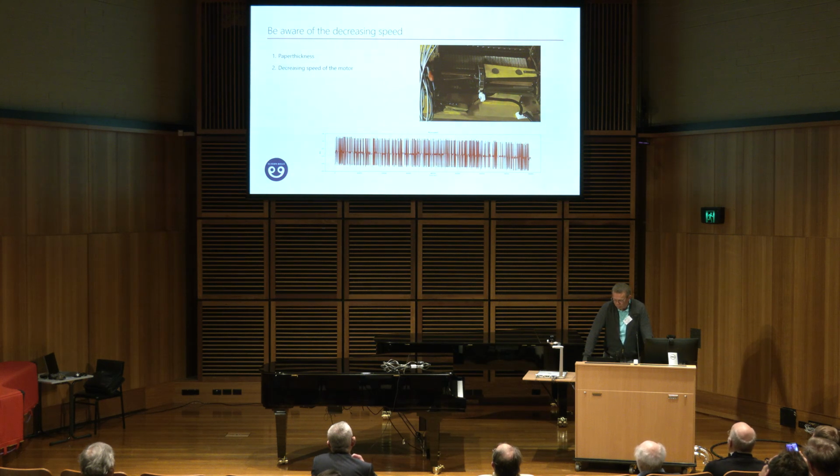Regarding the speed of the roll, and that's what Peter Broadwell also told, there are 2 things to consider. These are the paper thickness and the decreasing speed when the roll is being played.